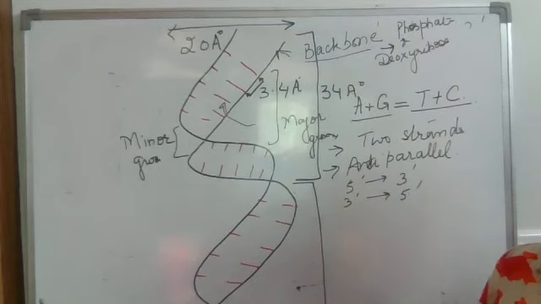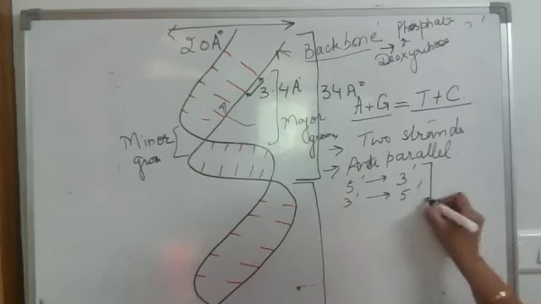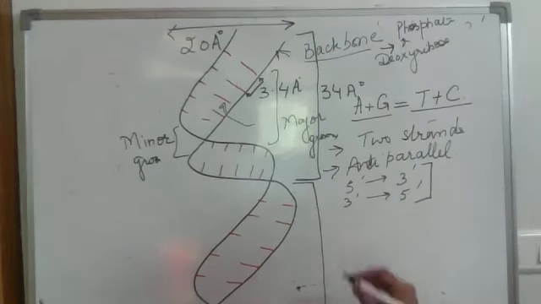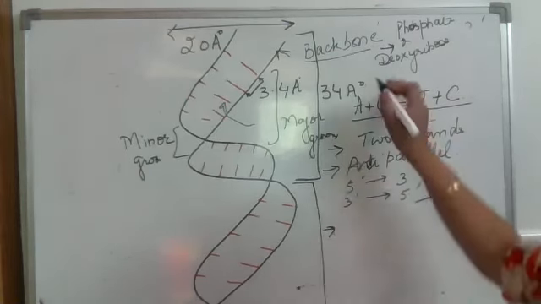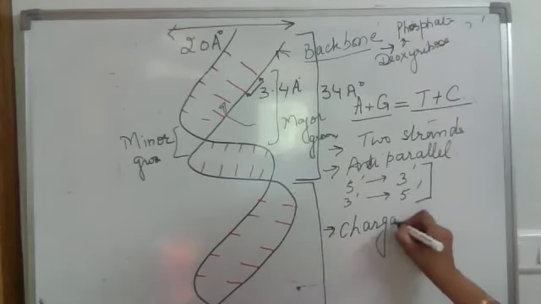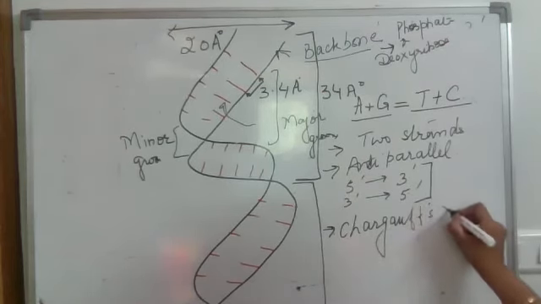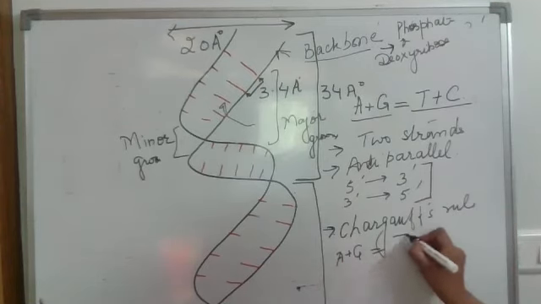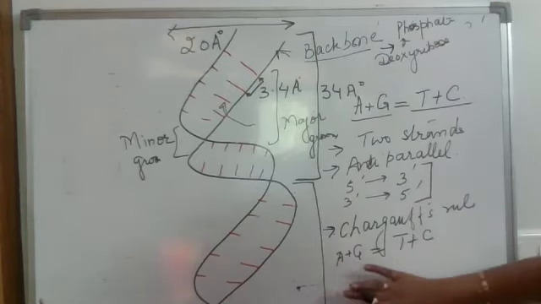And when we are saying 5' to 3' or 3' to 5', it means the position of the carbon that is not linked to the phosphate group. Then the third one is Chargaff's rule, that this ratio A plus G is equal to T plus C. This is maintained.